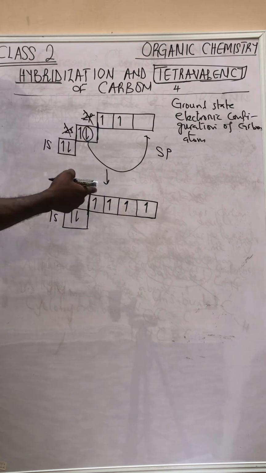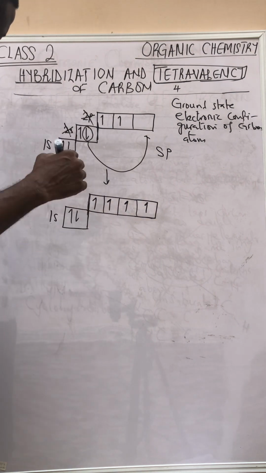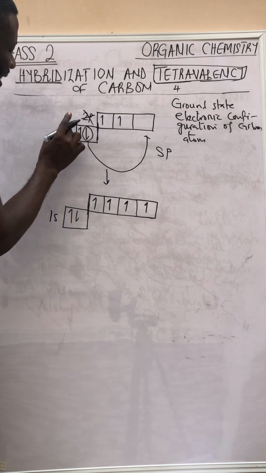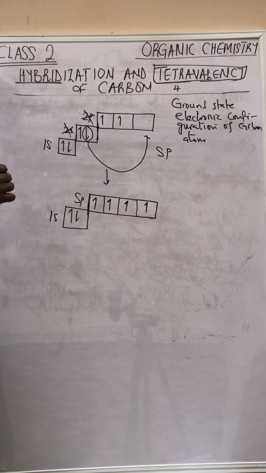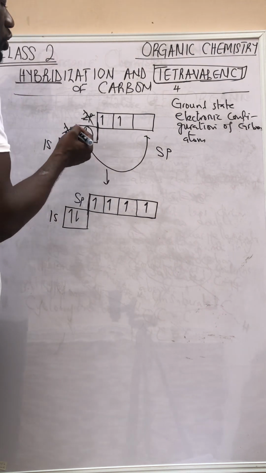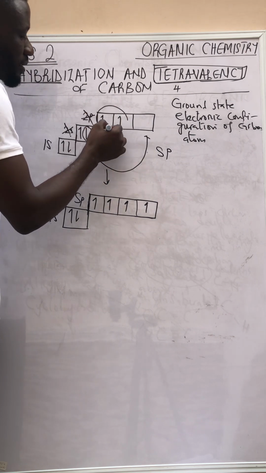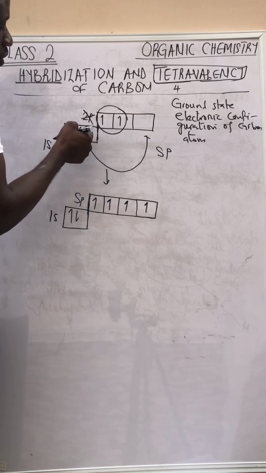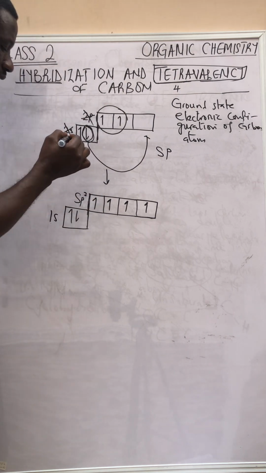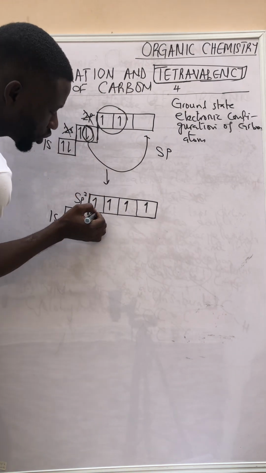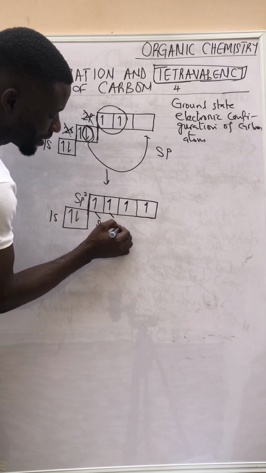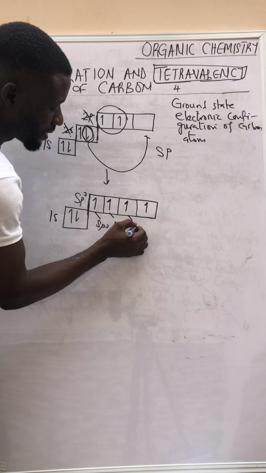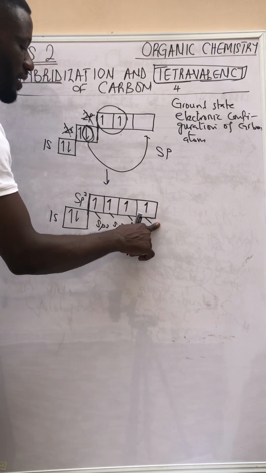This place was 2p, but there is no 2p again. Since the contribution of the p is 3 electrons and the contribution of the s is 1 electron, we call it sp3. So each of these orbitals here is now sp3. This is also sp3, this is also sp3, and this is also sp3.